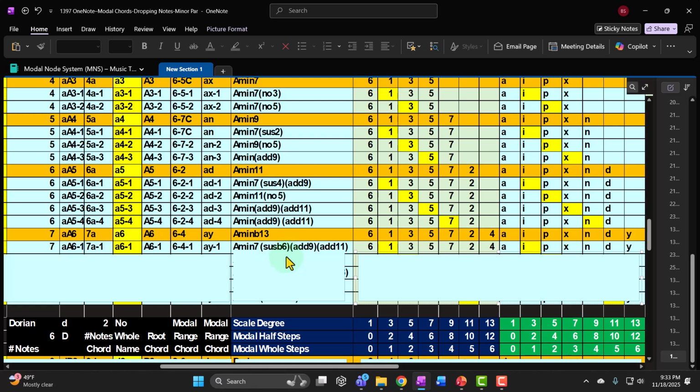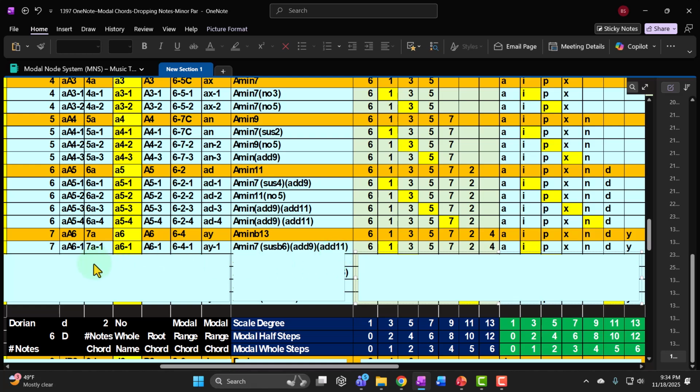And then just the coordinate system, I don't care what your argument is, the coordinate system would be better, right? So you could say it's an A minor 7 sus b6 because the 6 is equivalent to the 13. And I have to say a b6 to flatten the 6 because that's the distance on the minor compared to the major. And then I would have to add the 9 and add the 11.